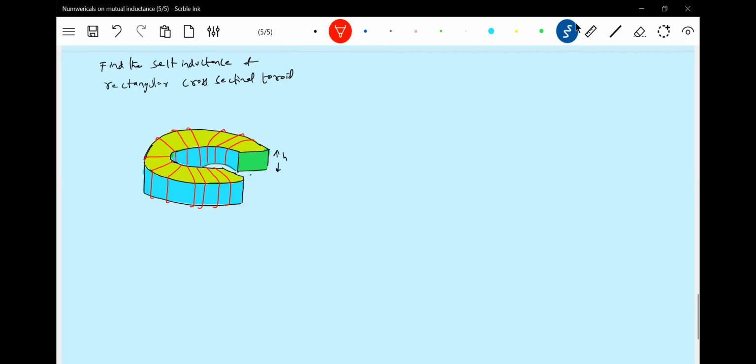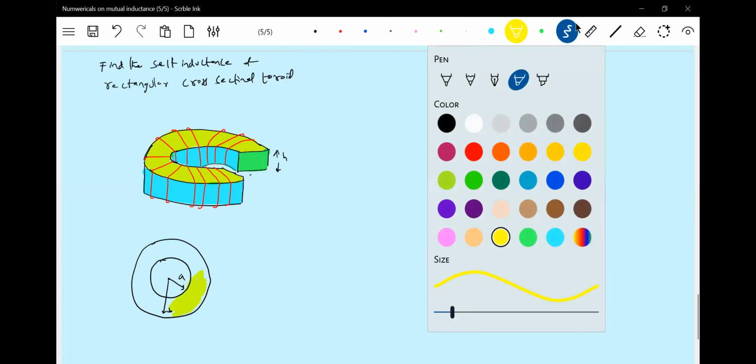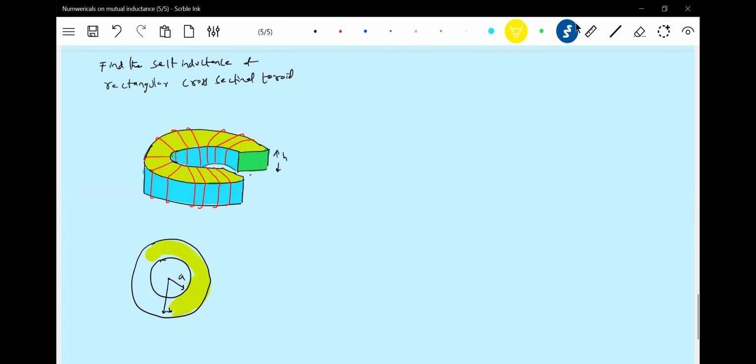This is the side view, of inner radius A, outer radius B. Okay, carry on. A small gap, we have to show it.